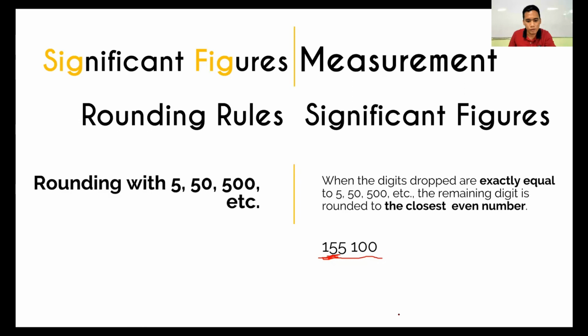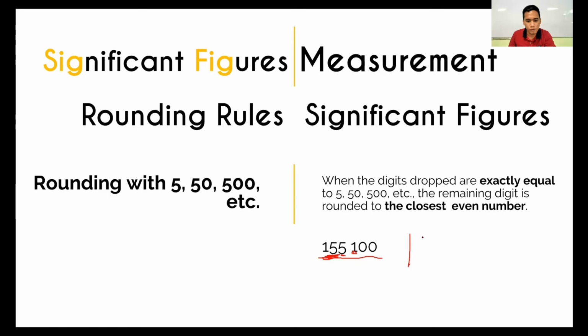But if from 5 there is a succeeding number like 0, 0, 0, 1, then we round up. So it is 5, but after 5 there is a number, so in this case, we round up.